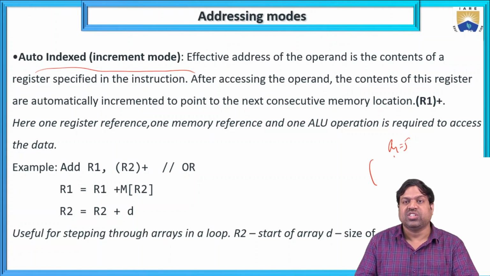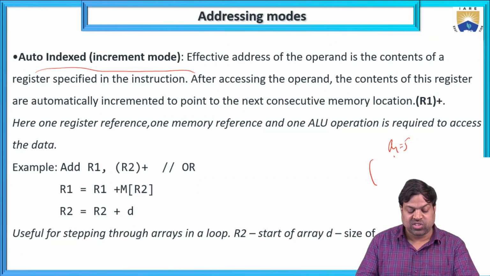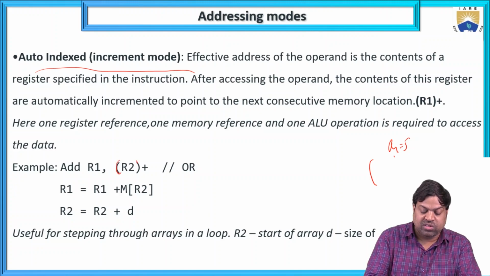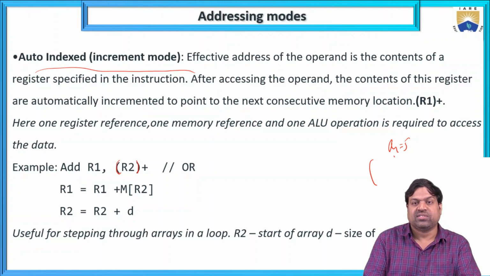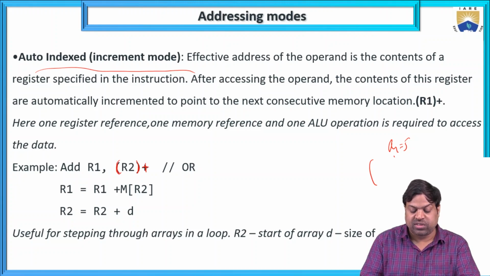Here, one register reference, one memory reference, and one ALU operation is required to access the data. Suppose I take one example, ADD R1, (R2)+. What is the meaning of this? I'm defining the address here, not the data. So in this address, what is the data? That data should be incremented by one.